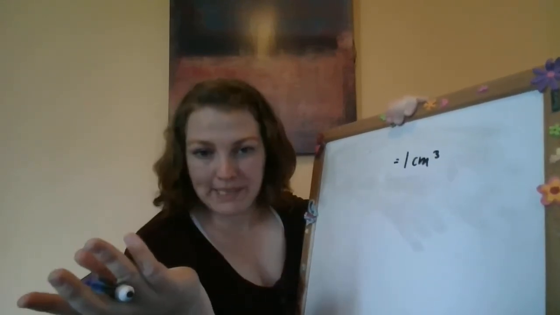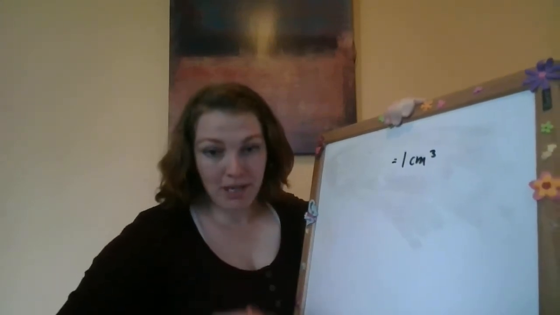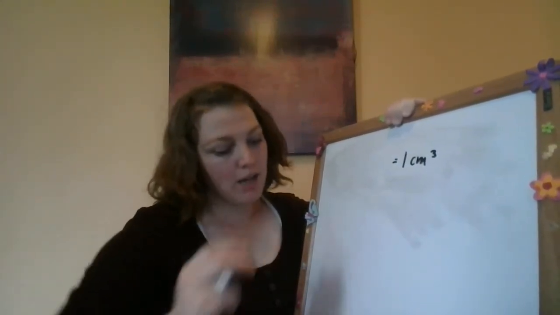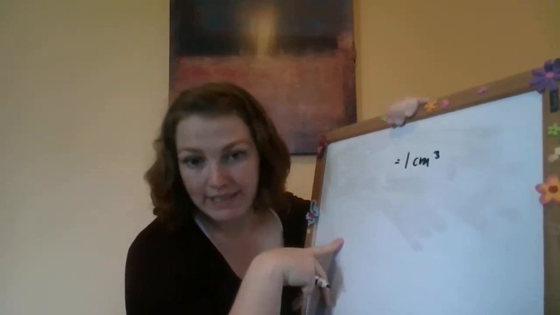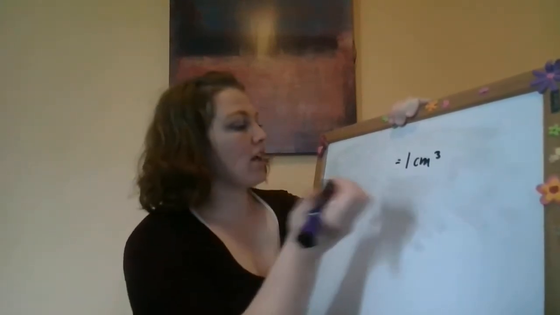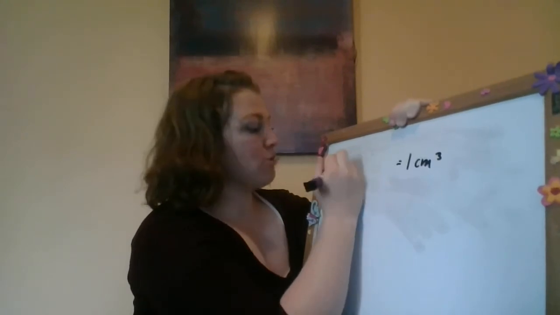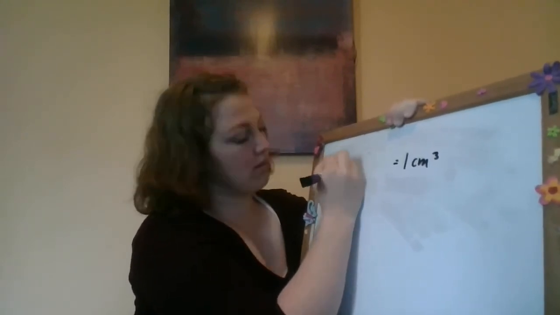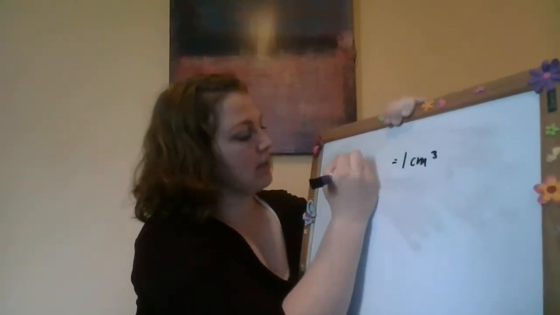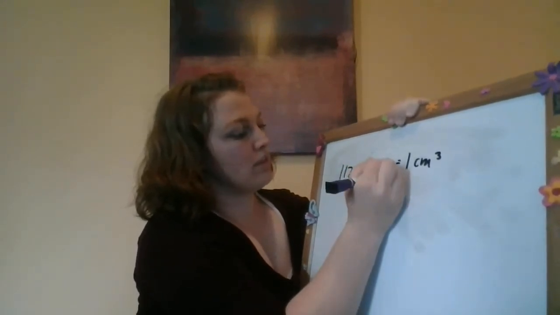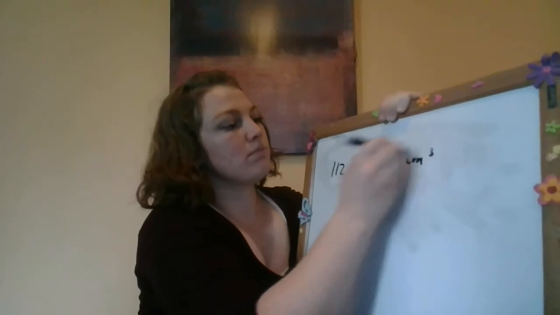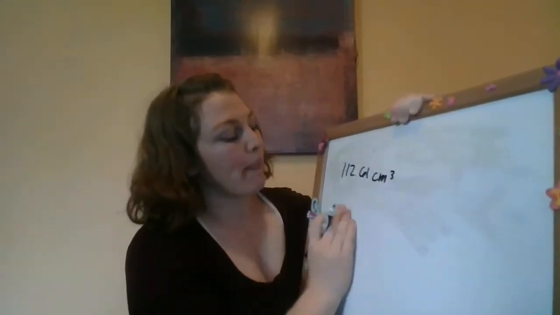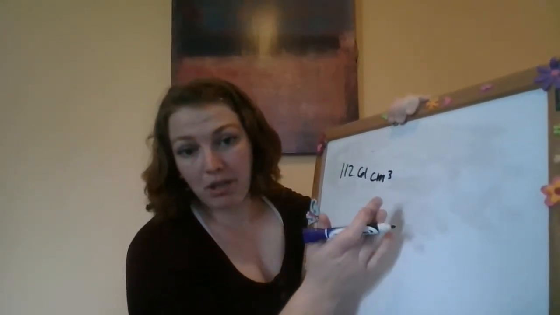So, for example, I took a box of Jell-O. I found it to be 2.5 by 7.15 by 6.3 centimeters. So when I multiplied all of those together, I got the volume of the box of Jell-O as being 112.61 centimeters cubed. All right. So that would be our volume.